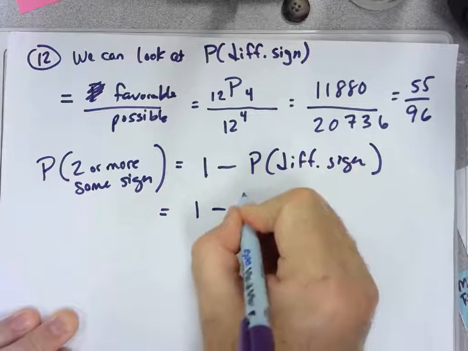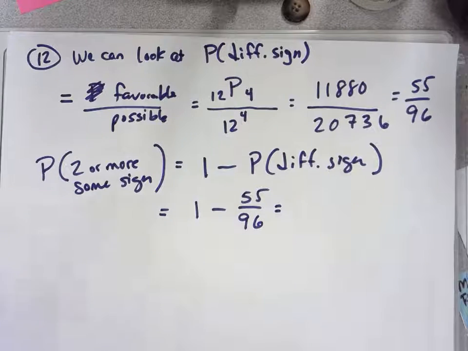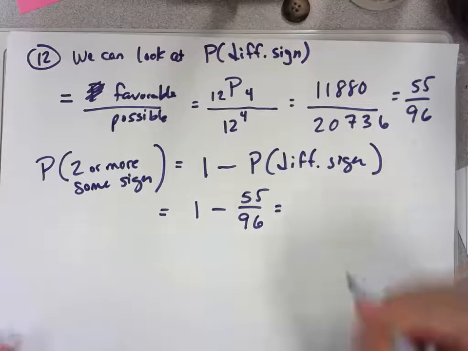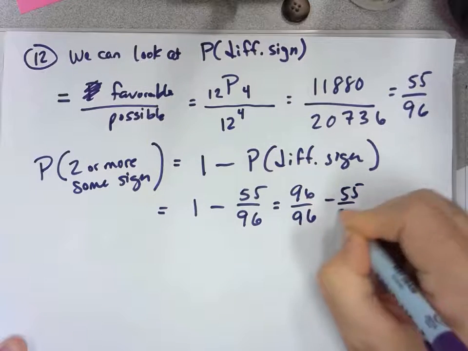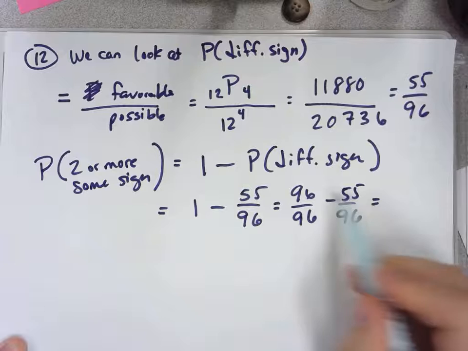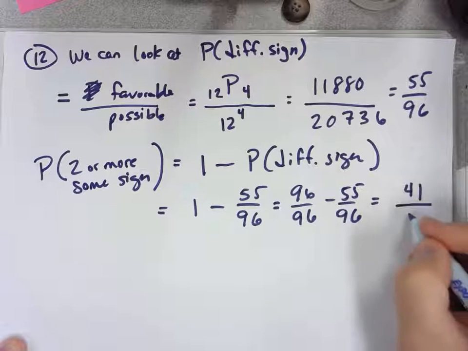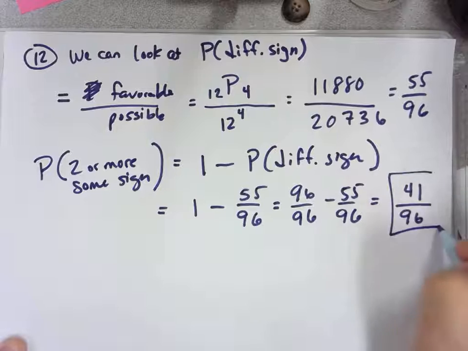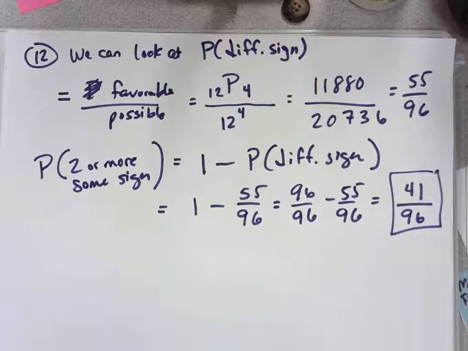Which means 1 minus 55 over 96, which is 96 over 96 minus 55 over 96. And 6 minus 5 is 1, 9 minus 5 is 4, so 41 over 96 would be your probability. Okay?